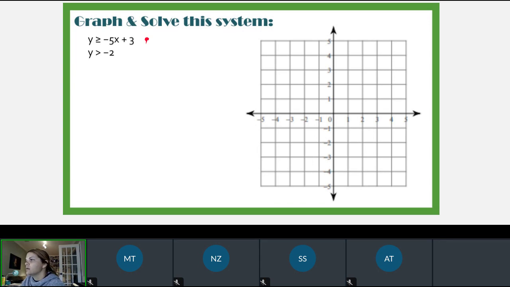It's kind of tricky. I can give you a hint. Okay, perfect. So then AJ can do that second one. And don't forget to shade and show us how you use your test point. So y'all are doing this on your own. Amari and AJ are going to do it on the board.